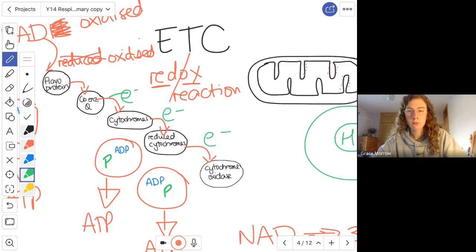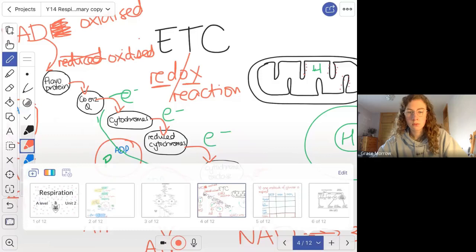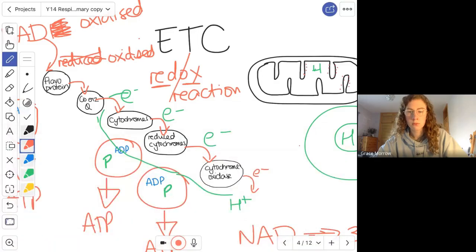What happens is at that point, the hydrogen ion is just floating around inside the mitochondria. But it will join up with the electron at the end. So if we've got an electron and a positive hydrogen ion, they join together just to make up an ordinary hydrogen atom.